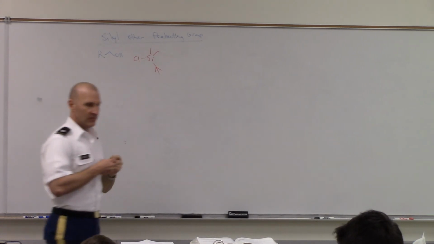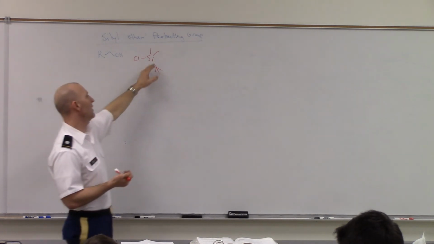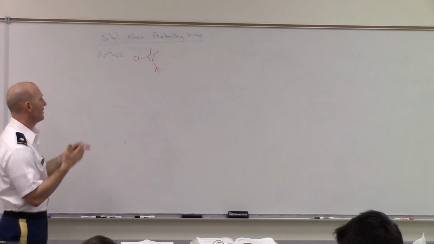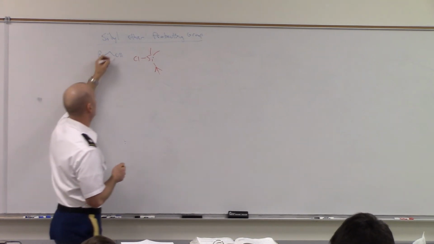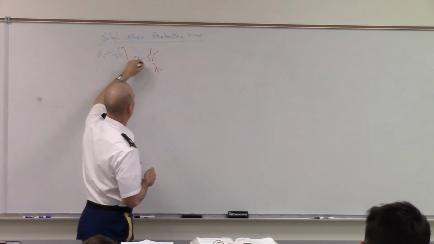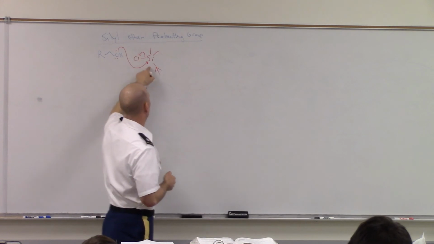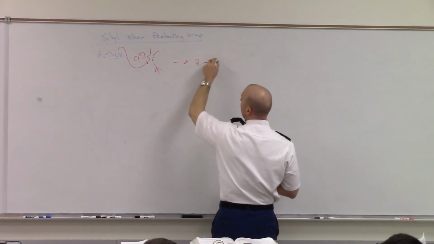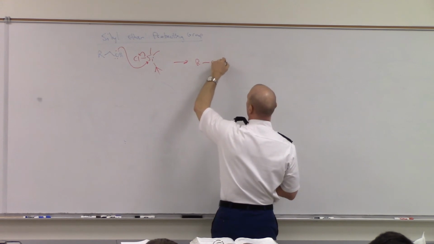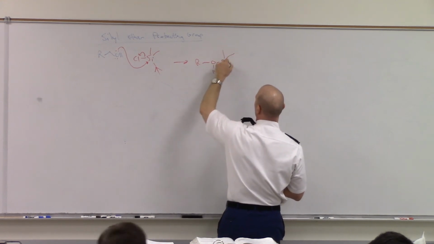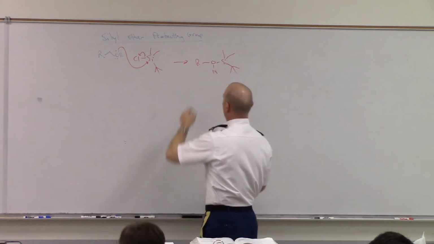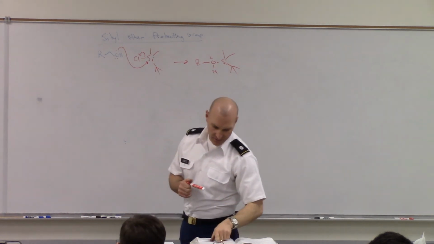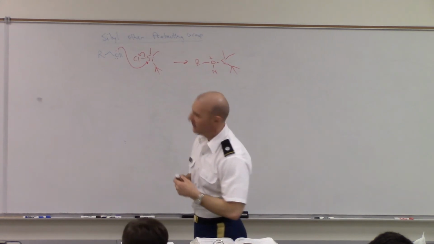Just like before, anytime you have a big element lower on the periodic table, it can accept electrons really well. So the electrons that are here can attack the silicon and kick out the chlorine. And now we have a protecting group there. Now, they also show imidazole and DMF.